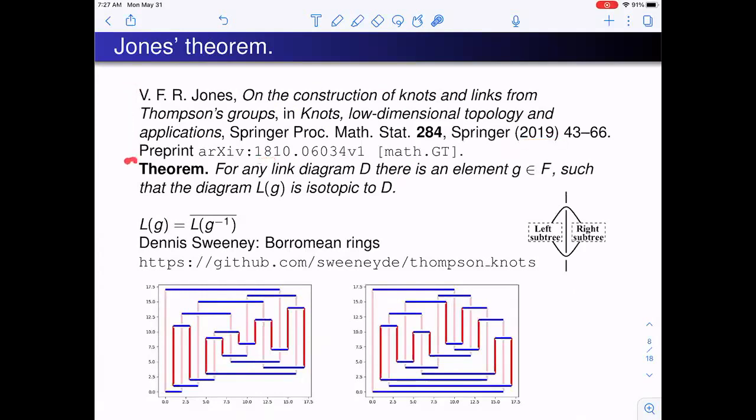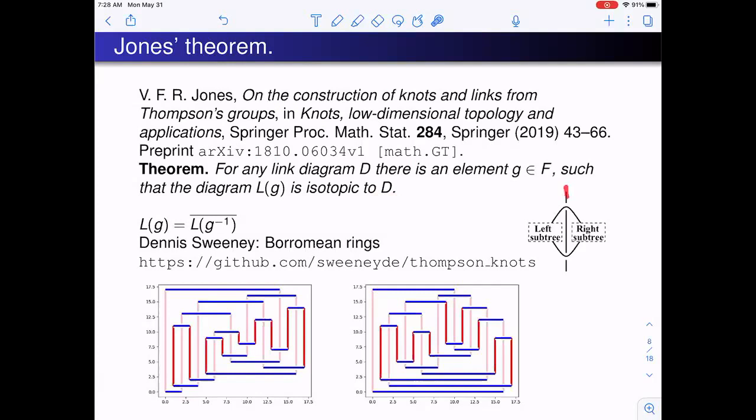So the theorem, as we already saw many times in the talks at this conference, is that any link can be obtained in that form. For any link diagram, there is an element in the Thompson group F such that the link corresponding to that element is isotopic, related by the Reidemeister moves, to that one. So any link can be realized by the Thompson group.